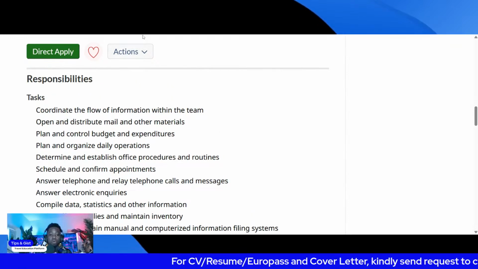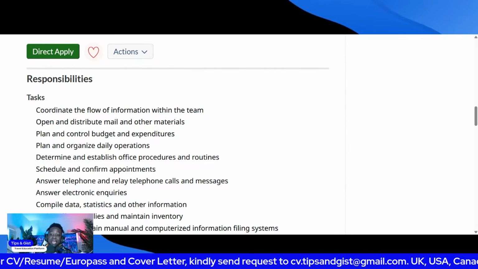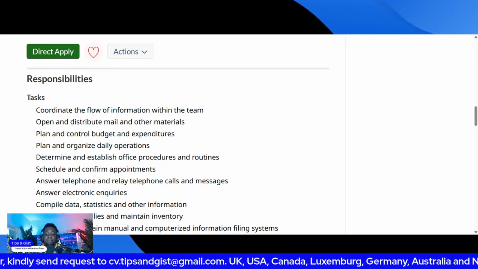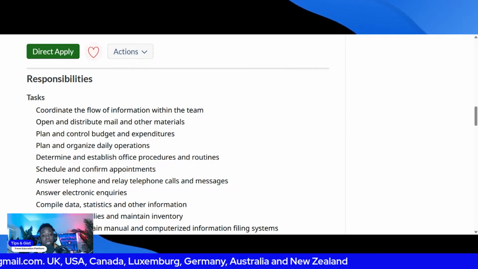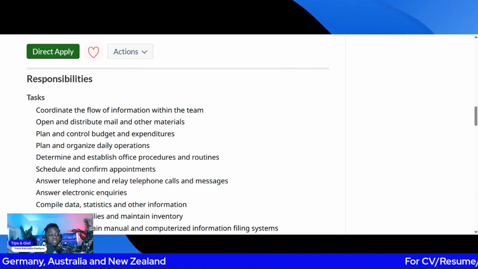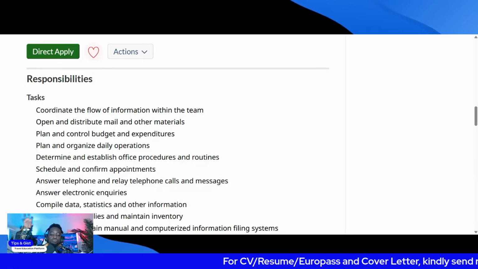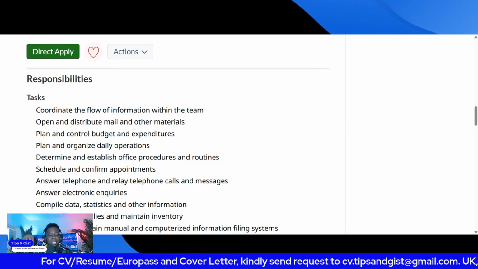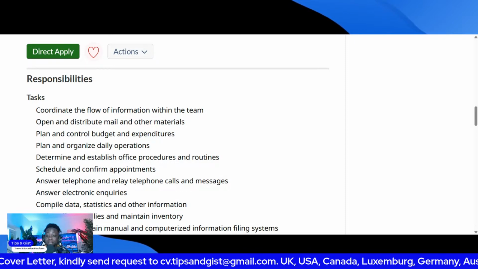I've met a lot of people who have written a very nice resume, but they didn't consider the ATS, because they just went on ChatGPT and said, write a resume for me, without even considering what the employer wants. Employers don't have time to look through your resume. They use software to track certain keywords on your resume to make sure it meets what they want. That is what we call the ATS, the applicant tracking system.